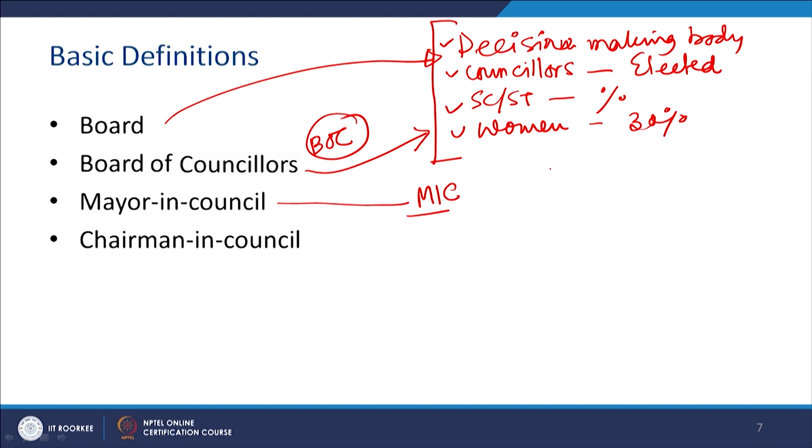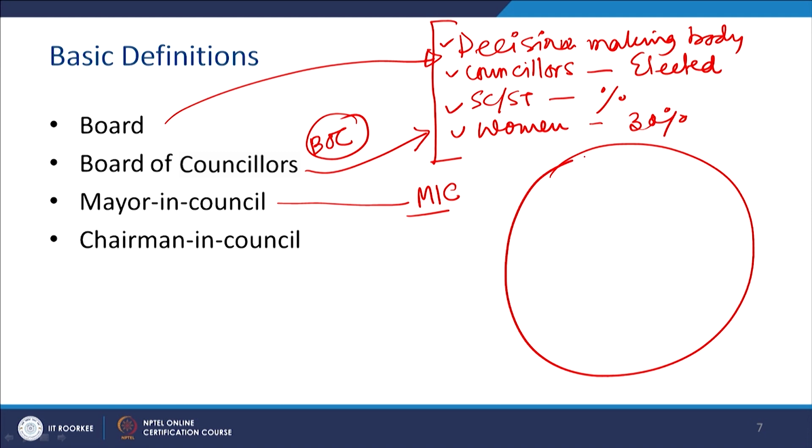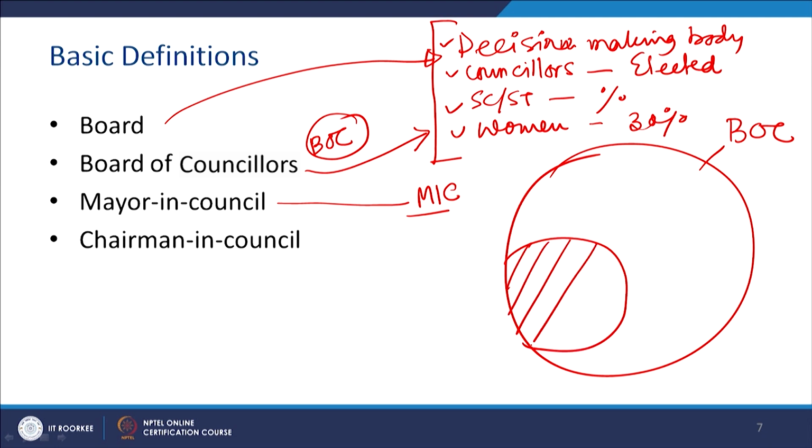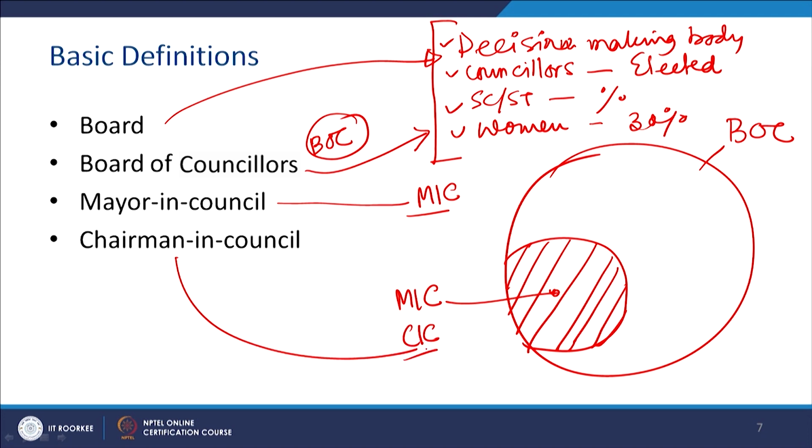So, if this is the board of councillors, there could be a small section of the board of councillors which is entrusted to give some dedicated responsibility in terms of standing committees. Those are called mayor in council or chairman in council, CIC. If it is a corporation, it will be termed mayor in council.